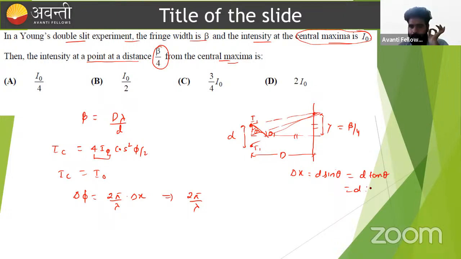This can be written as d y upon capital D. क्या ये बात समझ में आई बेटा? इसका मतलब मैं डेल्टा एक्स की जगह क्या लिख दूंगा बेटा, d y upon capital D. I hope this is clear.